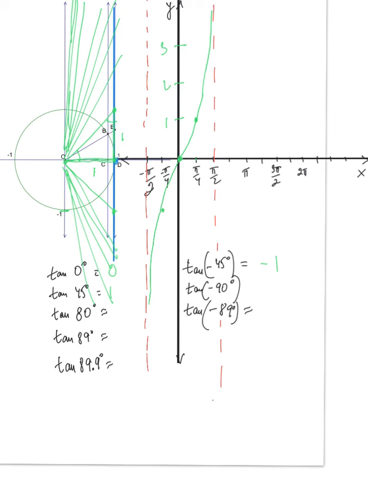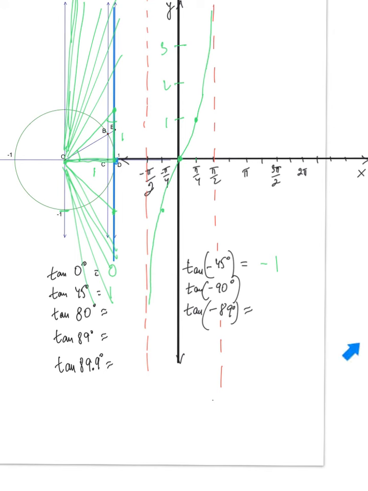Once again, just trace how the graph goes from negative pi over 2 to positive pi over 2, from this angle to this angle, starting down below and then going up and reaching 0, and then going up, positive and infinite on the graph.